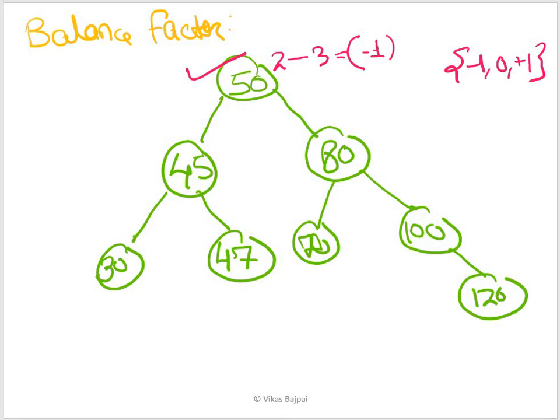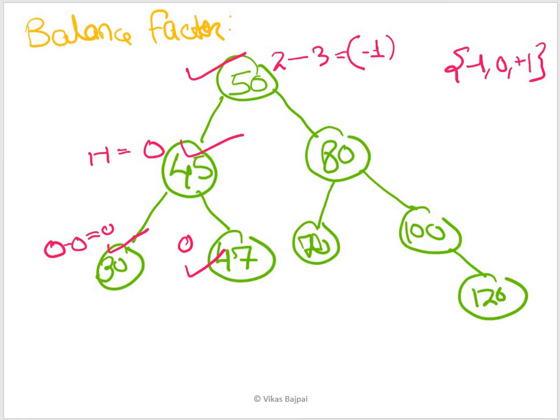In this case it is coming out to be 1 minus 1, which is 0. So this is also okay. This once again, 0 minus 0, which is 0. So this is also okay. For this it remains the same.